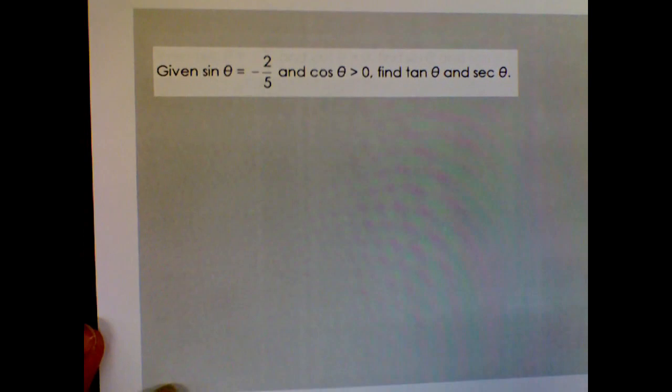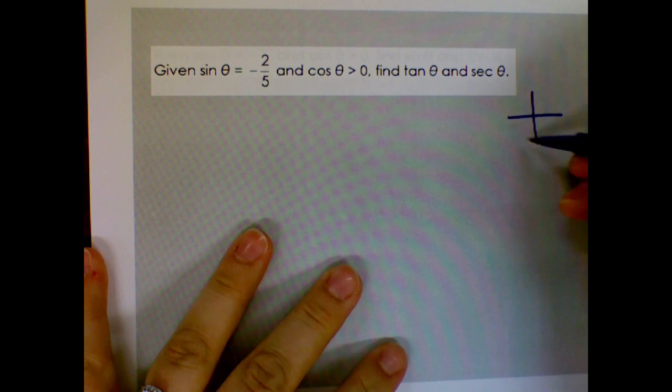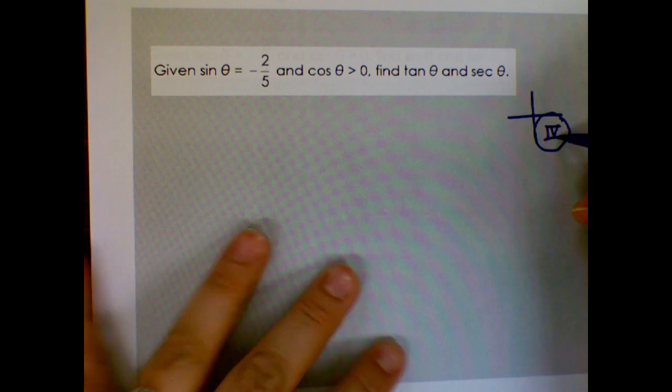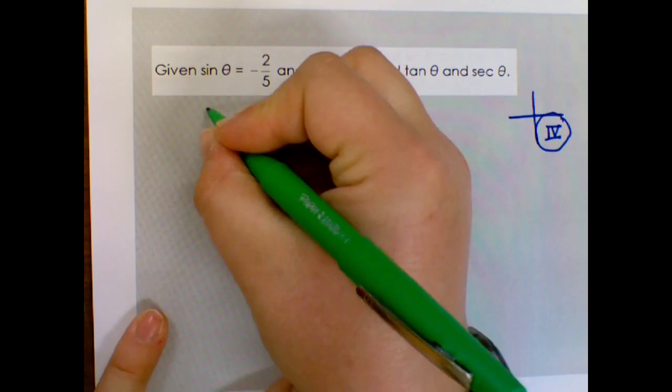If I know the sine is negative 2/5 and cosine is greater than 0, we'll find tangent and secant. So if I think about where this would be, sine is negative, so I'm in quadrants 3 or 4. Cosine's positive, which means I'm in quadrant 4. All right, I can find tangent and secant pretty quickly here. Let's find our cosine first.